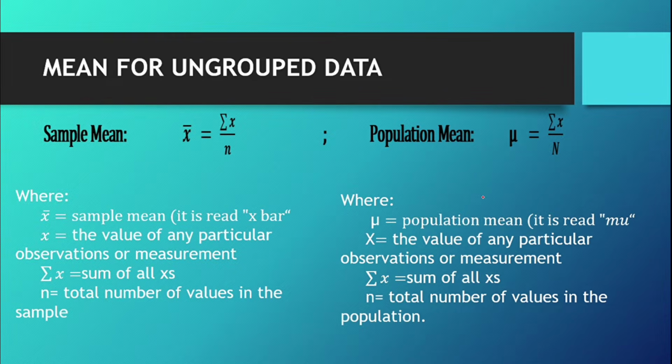Here x bar is the sample mean, x is the value of any particular observation or measurement, the summation of all x, over the number of total values in the sample. In the same way, the population mean uses mu, with x being the value of any particular observation, the summation of all x, and the total number of values in the population. So take note of the formula: we add all the data, then divide by the number of data. This is for ungrouped data.